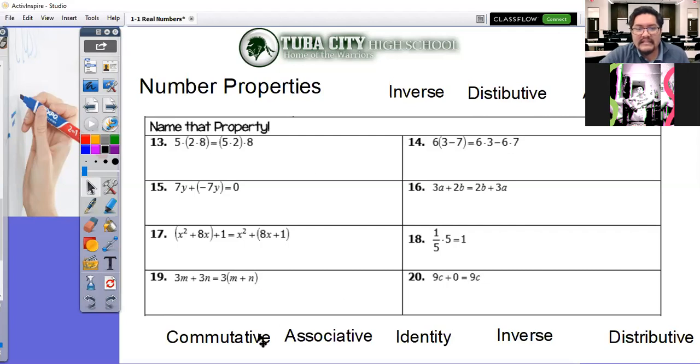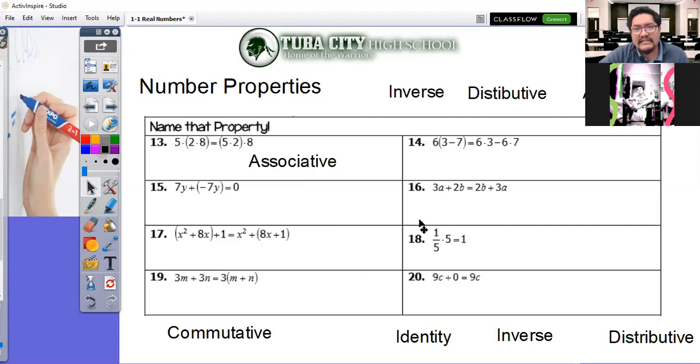So you might be thinking this is commutative, but it's not. What's the thing that makes this one different? In this case, it's the group. The order did not change. The group changed. So instead of grouping 2 and 8, they group 5 and 2. So that would make this an associative property problem.